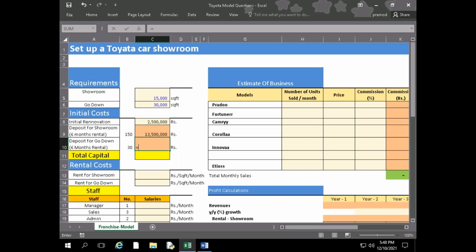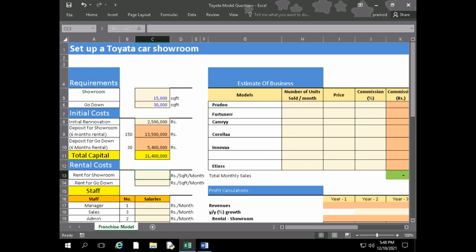In the same manner, 30 into 30,000 square feet into 6. So total capital is the initial cost they are telling, the sum of these 3. Okay.